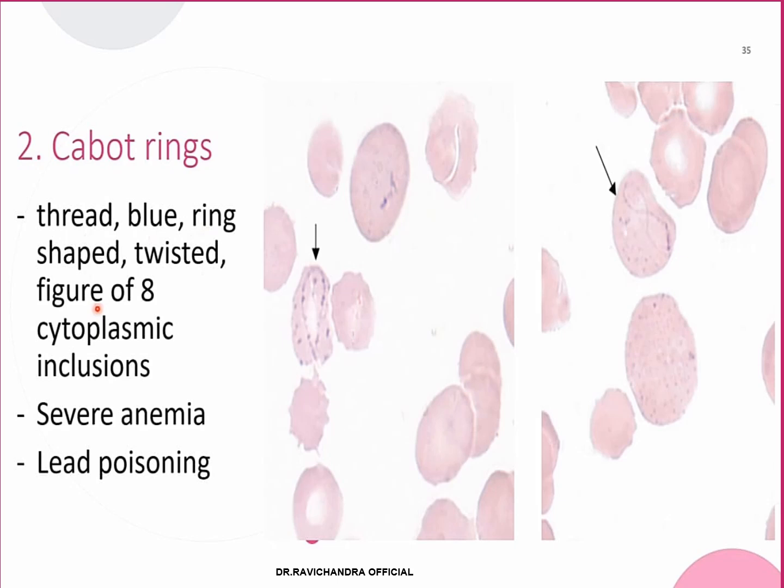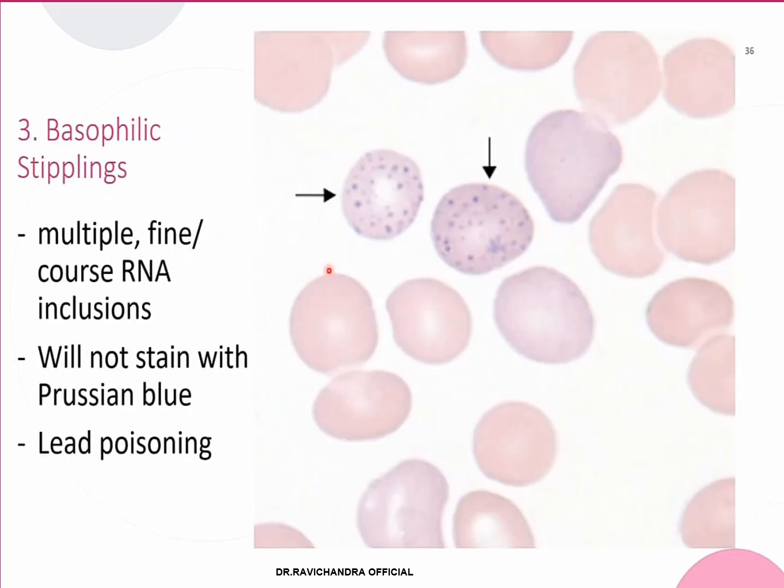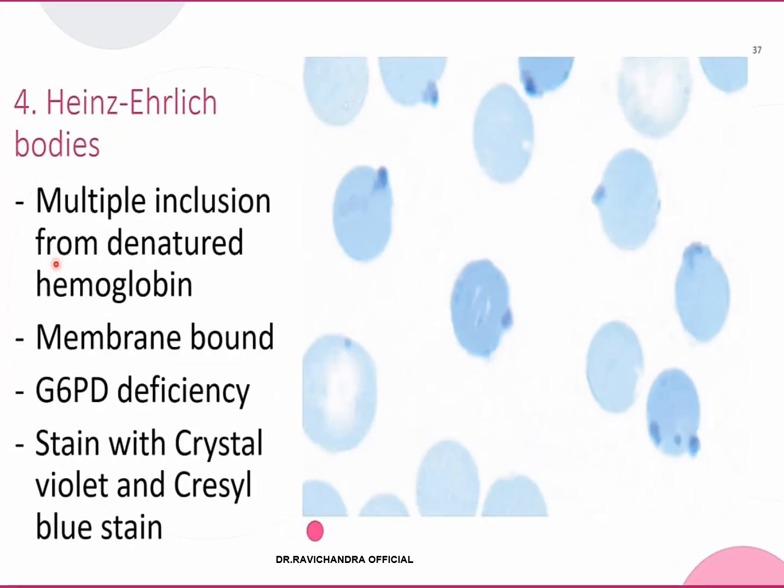Cabot rings, thread-like, blue ring-shaped twisted figure of 8 cytoplasmic inclusions are called Cabot rings, and they are seen in severe anemias and lead poisoning. Basophilic stippling, these are multiple fine or coarse RNA inclusions, and they will not stain with Prussian blue stain, and they are seen in lead poisoning.